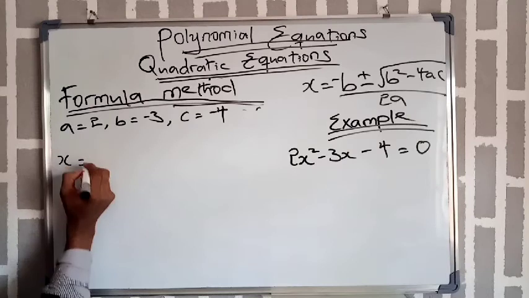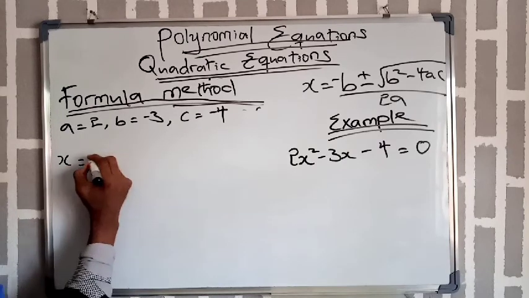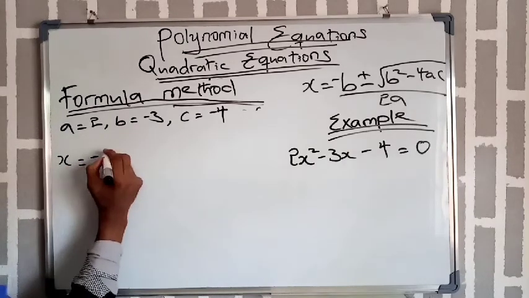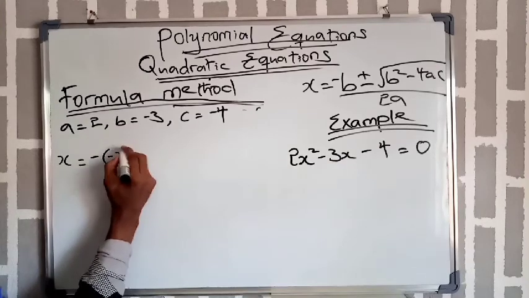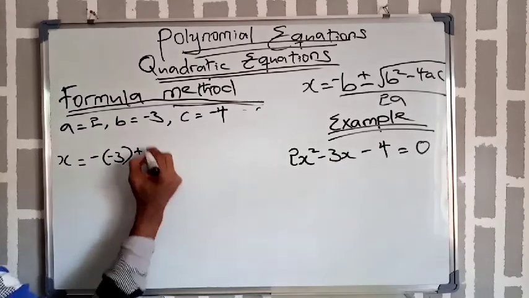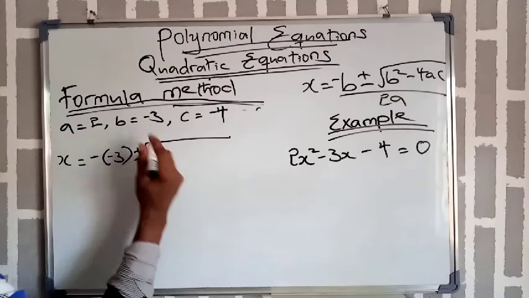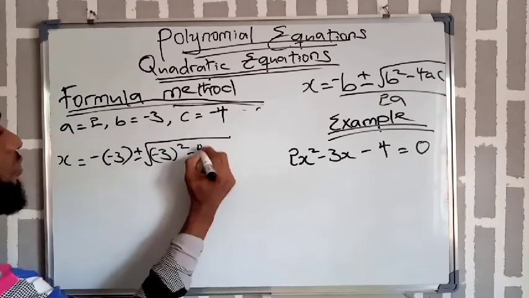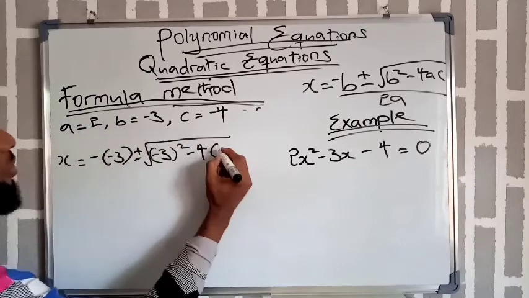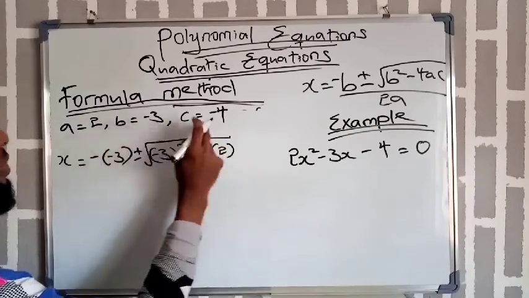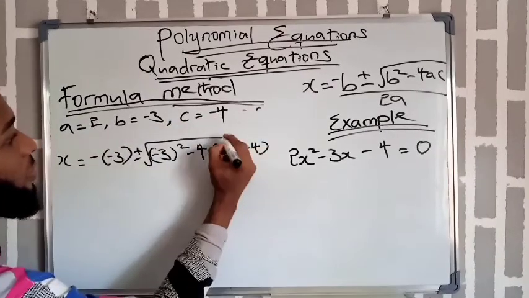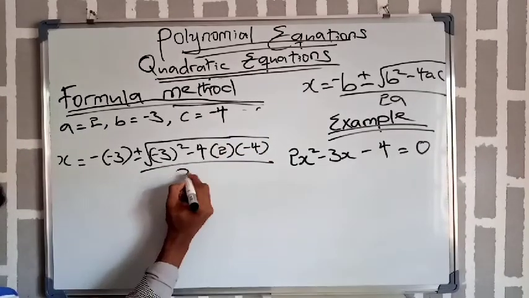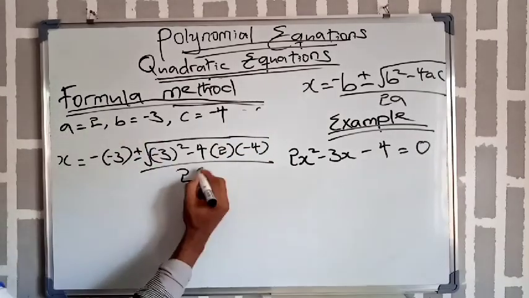So now x will be equals, now minus b is minus 3, plus or minus square root of b, now is minus 3 all squared, minus 4, a now is 2, then c now is minus 4, all over 2, then a is 2.